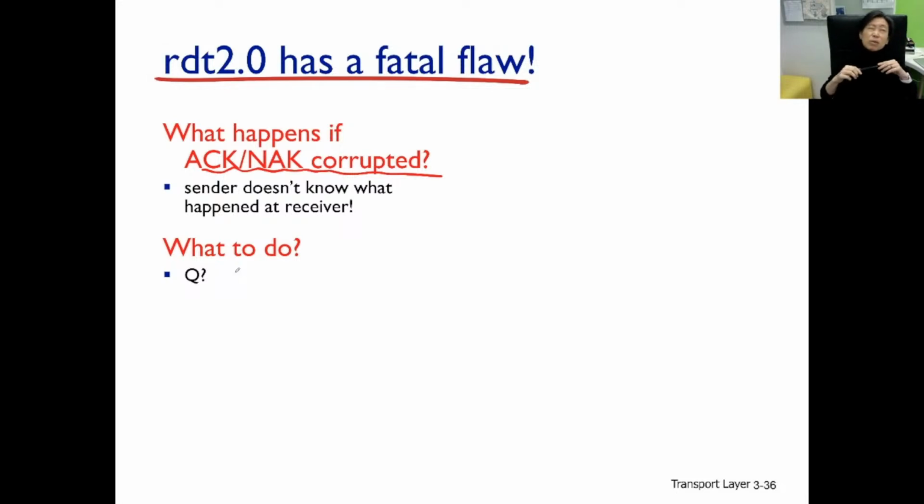So what do we do with this? If you think a little bit further or recall back, didn't we have the same situation, right? So when data is corrupted, we ask the other end to send feedback. So perhaps we could ask the sender of the data to send feedback so that the receiver will know whether the ACK or NACK is corrupted, therefore retransmit the ACK or retransmit the NACK.